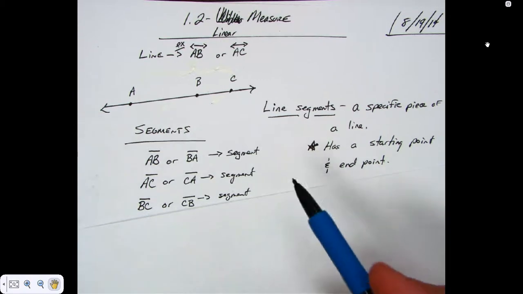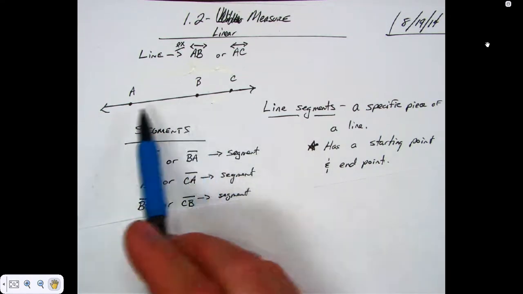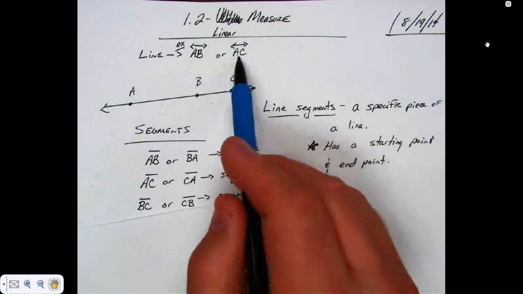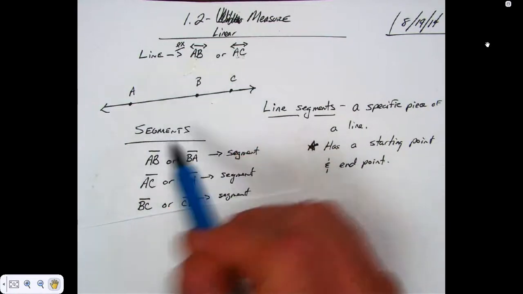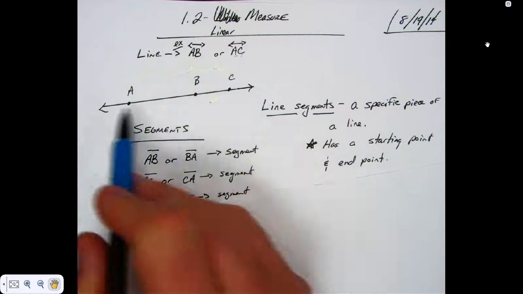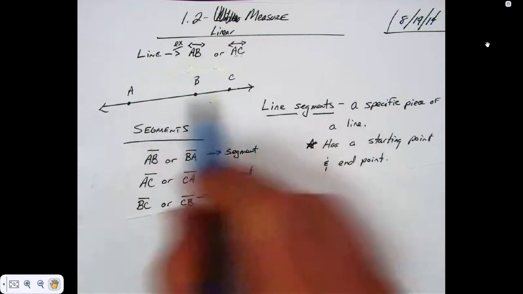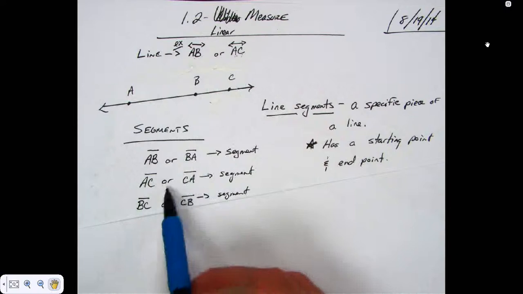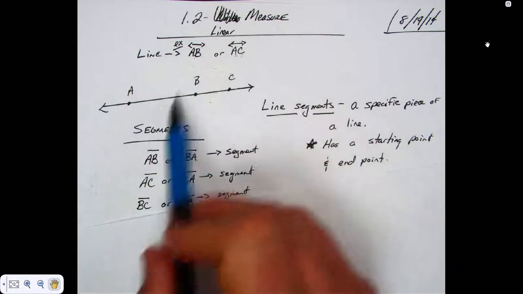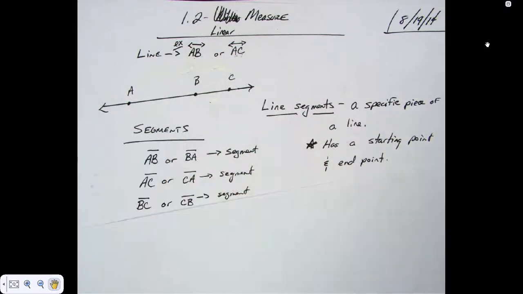Now, there are other segments here. Now, is this the same line as this? Is line AC the same line as line AB? Yes, it's the line that goes on forever and ever, that goes through AC and goes through AB. They're the same thing. However, is segment AC the same as segment AB? Correct.